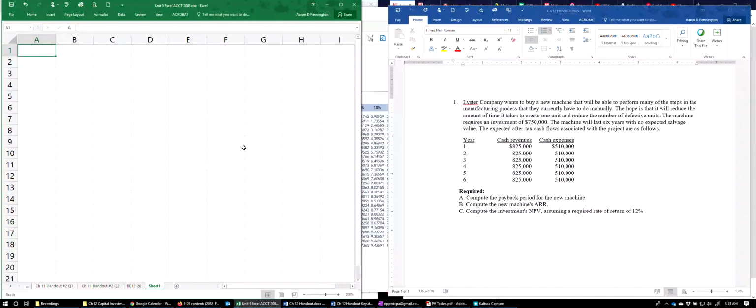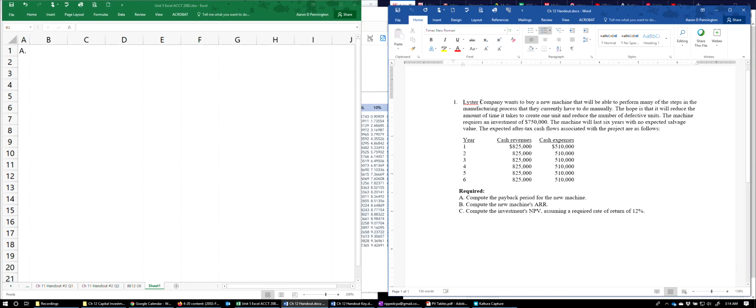Alright, so let's start with payback period. But let's look at what the problem gives us actually. Getting a bit ahead of myself. Leicester Company wants to buy a new machine that will be able to perform many of the steps in the manufacturing process that they currently have to do manually.